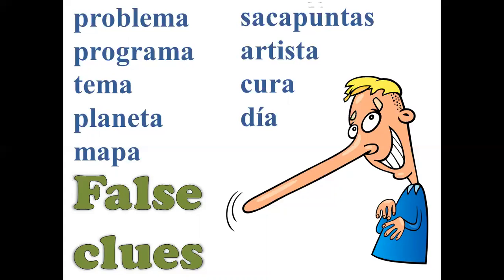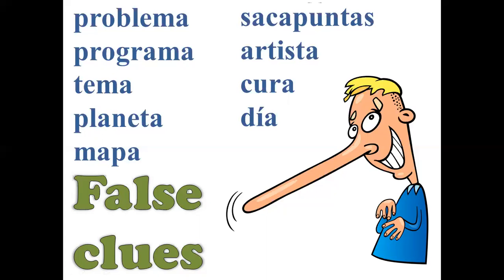The ones in that column right there, problema, programa, tema, planeta, mapa, they're all masculine because they came from Greek. Pa, ta, ma. Those endings are often masculine, even though the feminine end in A. That's the rule that you probably knew before you came into Spanish class.